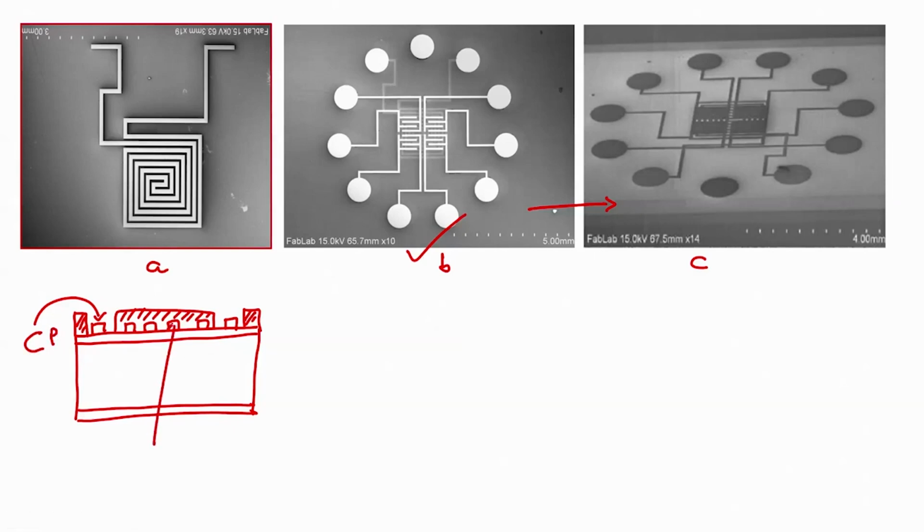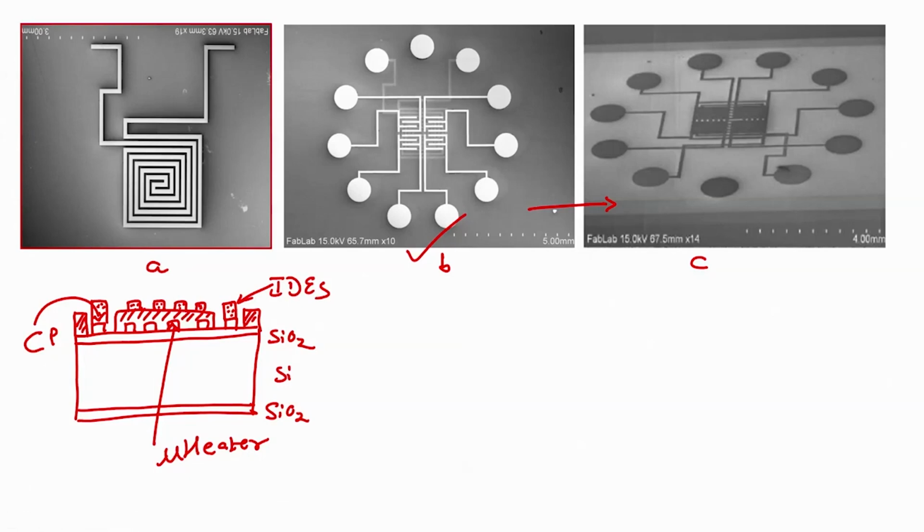This is your micro heater. This is SiO2, silicon, SiO2. On this there were interdigitated electrodes, which is what we have seen. I will draw the interdigitated electrodes as dots, just to distinguish them from the heater. So, this is my interdigitated electrodes.